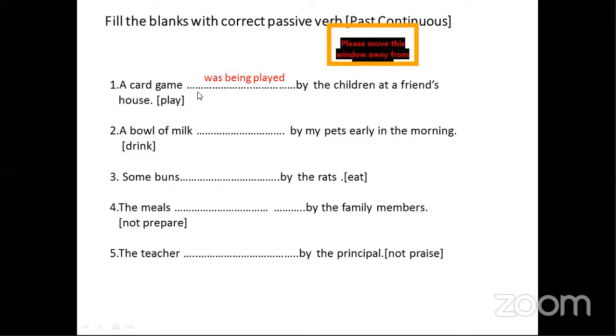Card game was. You can't forget this being part when it comes to the passive in continuous tenses. And you have to get the past participle of the given verb. Then was being played. Then the complete sentence: A card game was being played by the children at a friend's house.